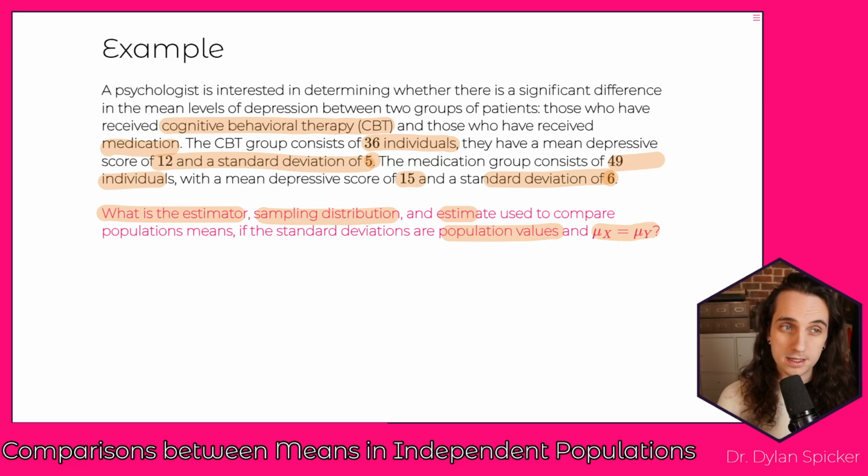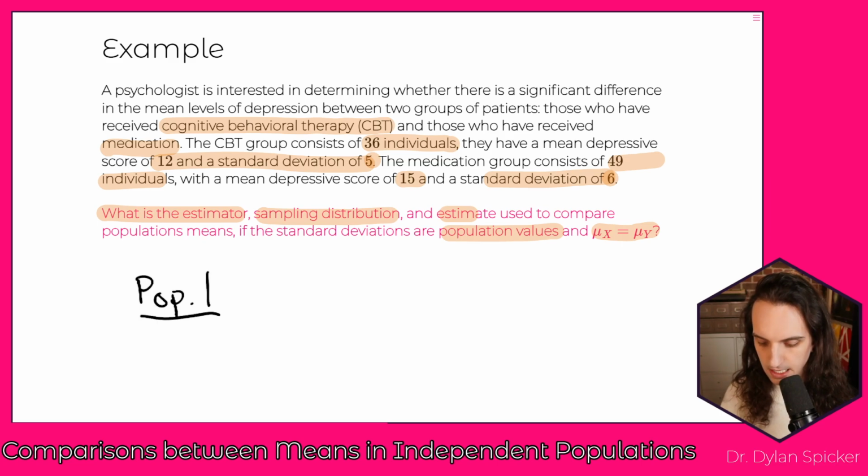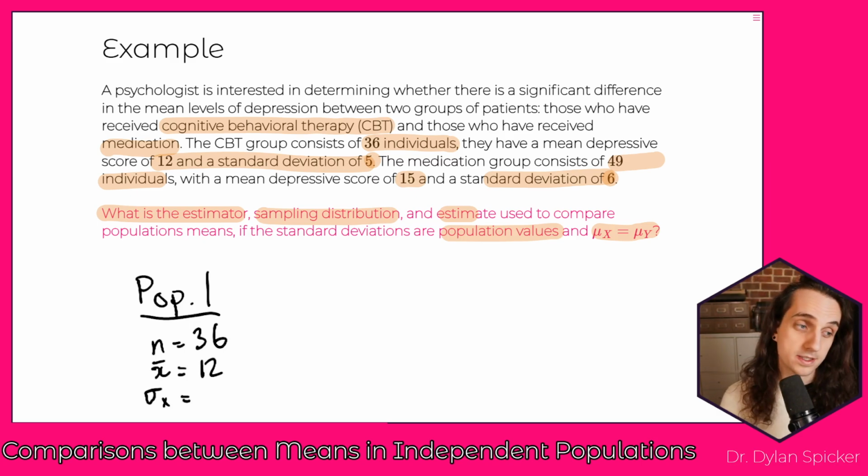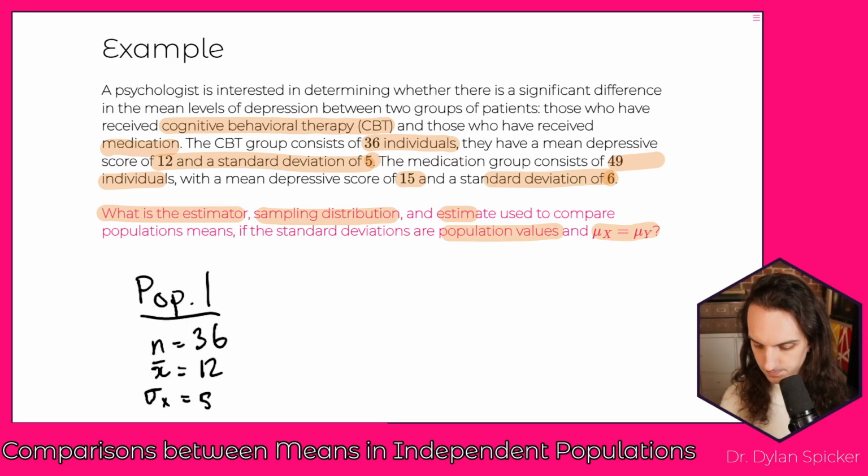So if we call the CBT group population 1, we have population 1. And we know that their sample size is 36, right? We have that the mean depressive score, so x bar, is going to be 12, and sigma x, the population standard deviation, is 5.